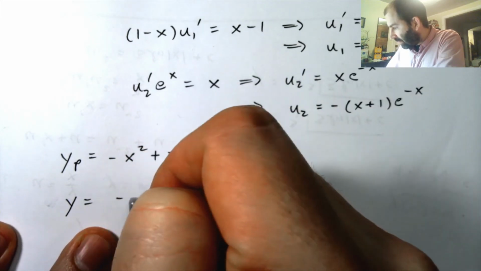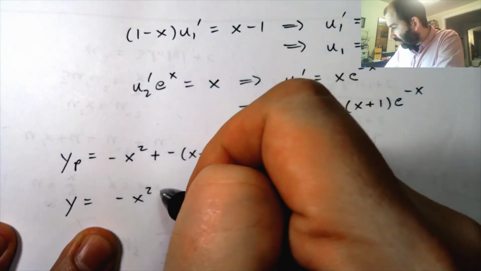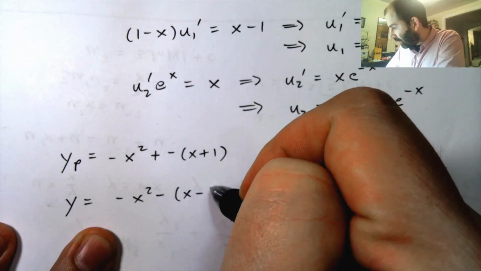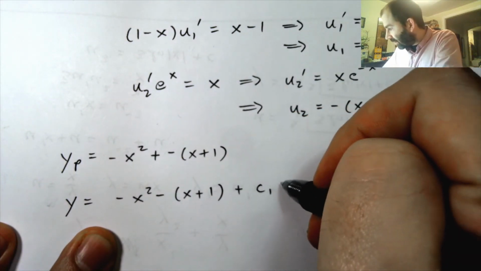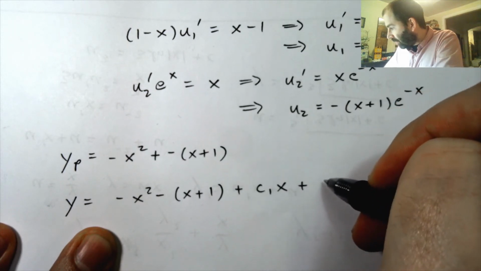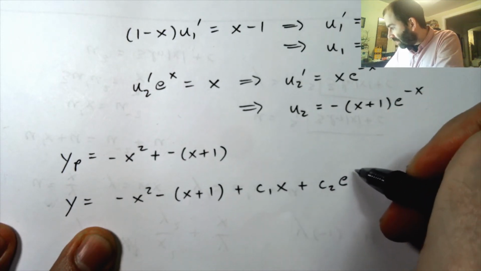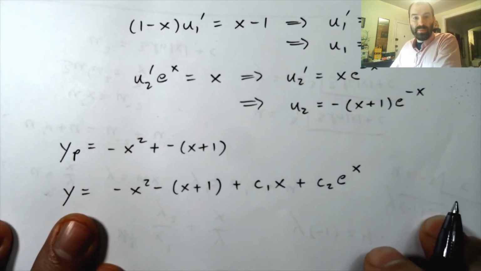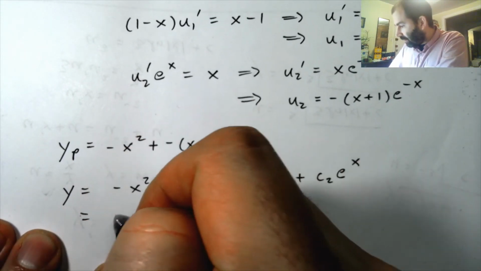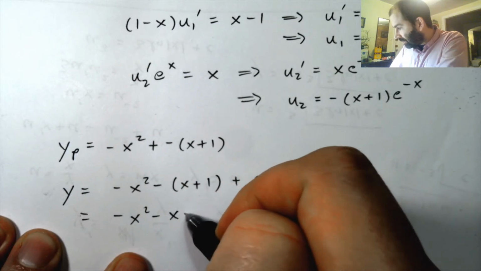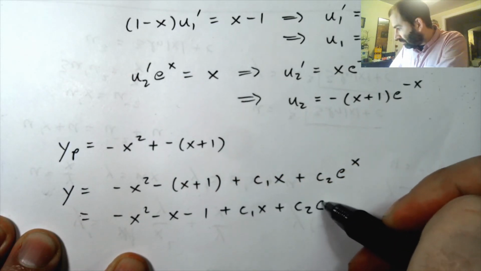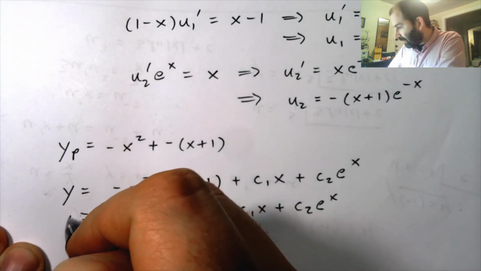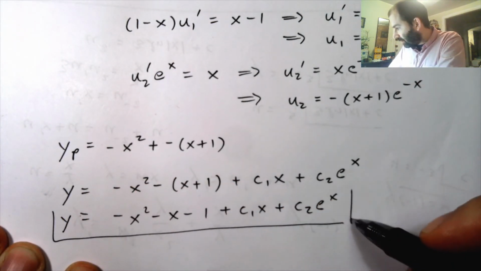Remember, it's just going to be this guy, and now I'll write this how I meant to do it before, with the minus right there, plus a constant times y1 plus another constant times y2. And maybe I could even write that like this. That's a little bit nicer, right? So here's our general solution.